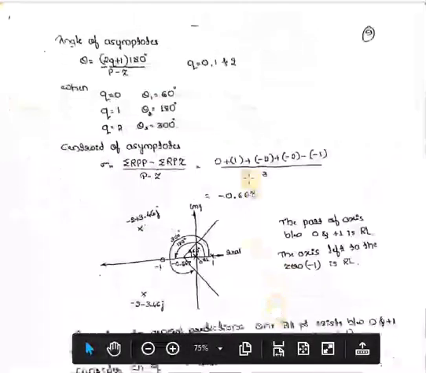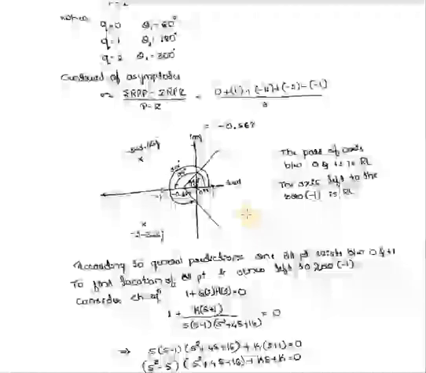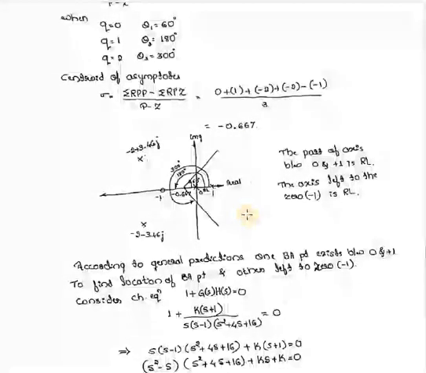Substituting those values, with P - Z equal to 3, your centroid is -0.667. Next we need to identify the RL and NRL, and mark the centroid.